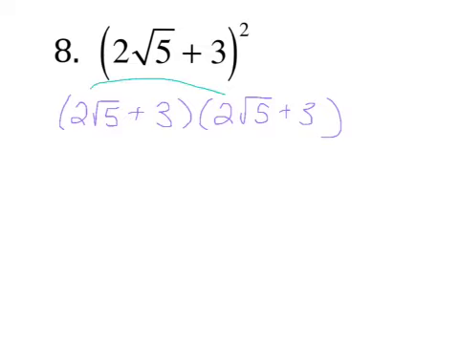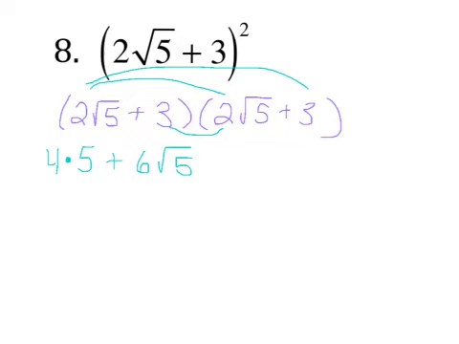So 2 root 5 times 2 root 5. 2 times 2 is 4. And root 5 times root 5 is a regular 5. And then we want to do 2 root 5 times 3, which will be 6 root 5. And then we have to do 3 times 2 root 5, which is 6 root 5 again. And then finally, 3 times 3 is 9.